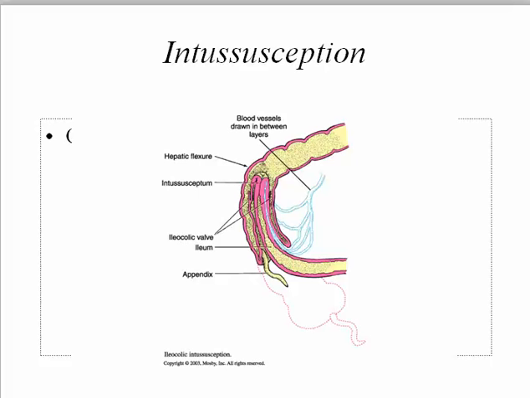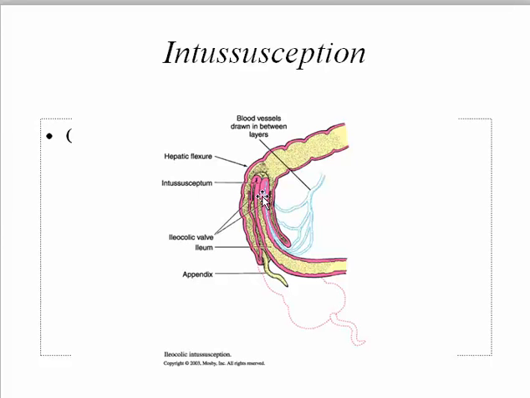The pathophysiology then, if you look at our slide, is that the proximal segment of the bowel telescopes inward into a more distal portion of the intestine.